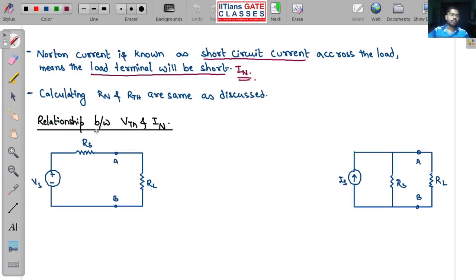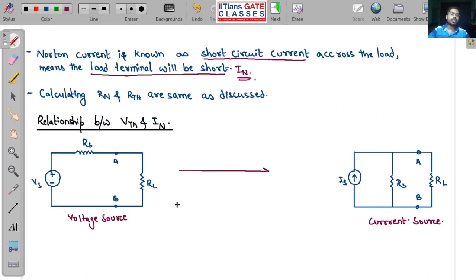So first we need to find the relationship between the Thevenin circuit and the Norton circuit. This is my normal voltage source circuit and this is my current source circuit. So how do I convert it? Using source transformation, I convert a voltage source to a current source.